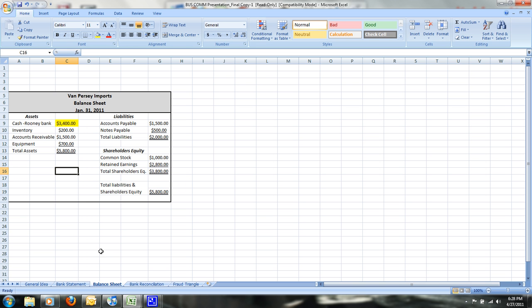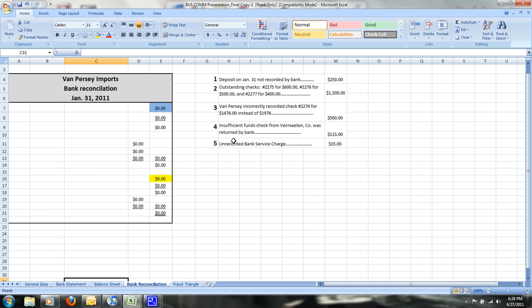Now I'm going to show you a simple problem of how to do the bank reconciliation. Here I have listed on the right 5 adjusting transactions that should get us to equal the balance in both of these. Usually bank reconciliations are set up in 2 separate parts. The first top region is usually the per bank side, and the bottom is usually the per company.